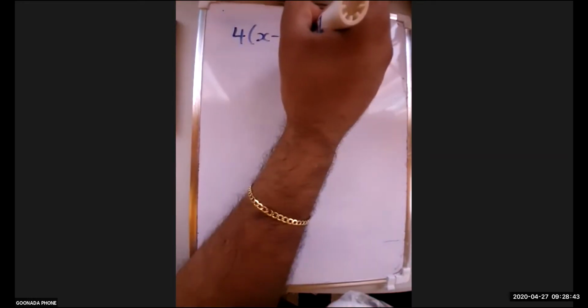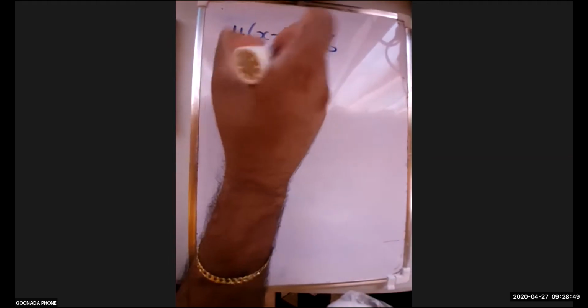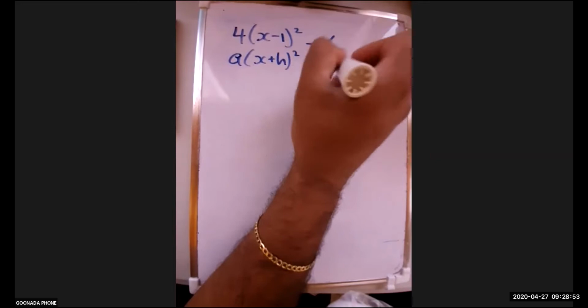So can somebody just tell me what was the final answer? Reagan, you could just point your mic and tell me. 4 into (x minus 1), all that squared, minus 6. Okay, thank you. Right. So this is in the form a into (x plus h) squared plus k.